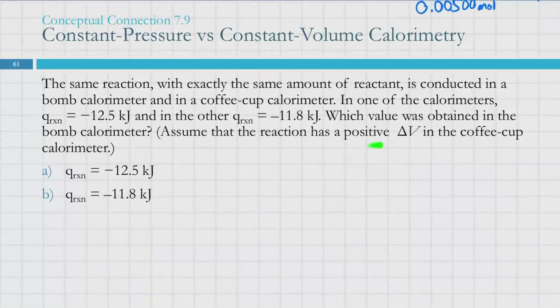We would assume that the reaction has a positive delta V in the coffee cup calorimeter. What's different about the bomb calorimeter versus the coffee cup calorimeter? One's constant volume, the other's constant pressure. Why does the volume or pressure matter?